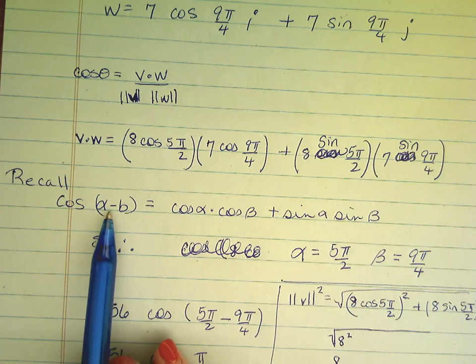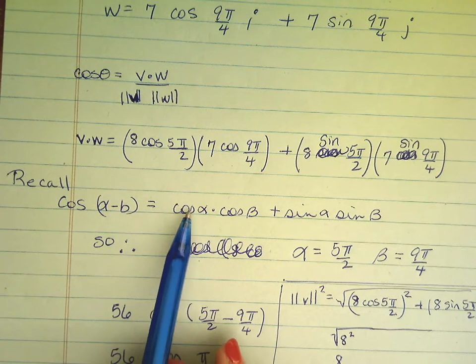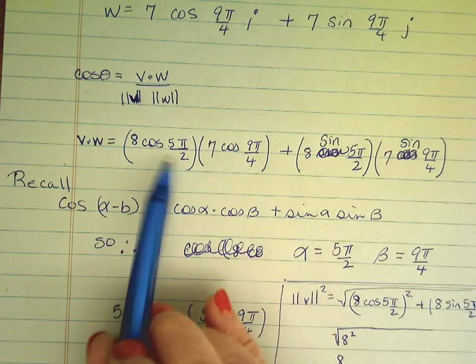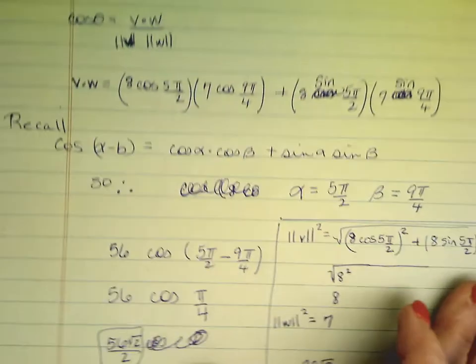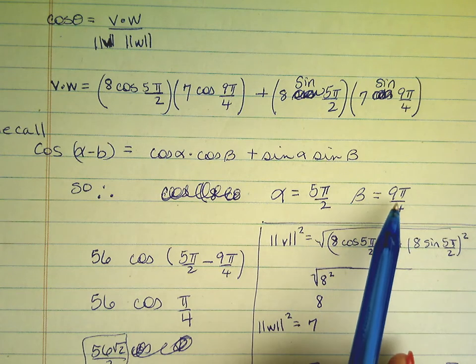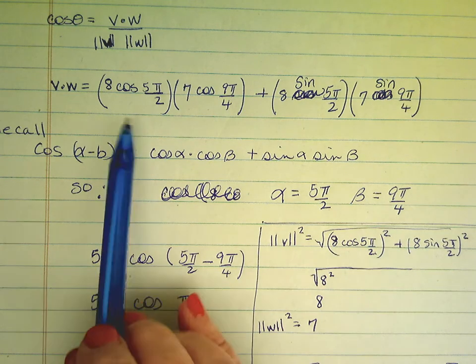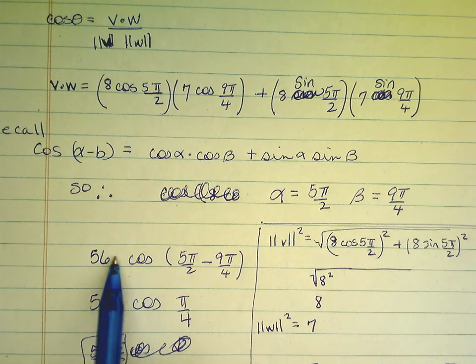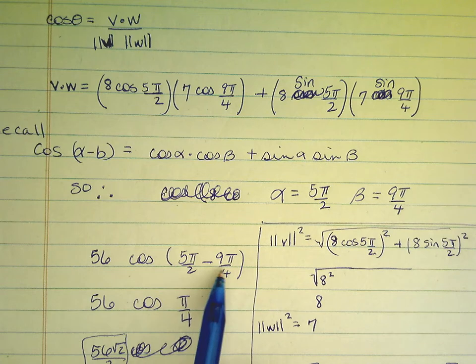Now recall, cosine of alpha minus beta is cosine alpha, cosine beta, plus sine alpha, sine beta, which is exactly what we have here. So if you think of alpha as 5 pi over 2 and beta as 9 pi over 4, take your 8 and your 7 out as scalars, and that's 56 cosine of their difference.